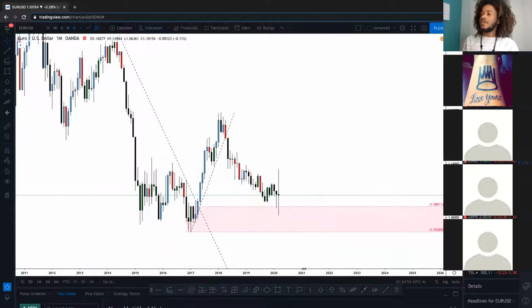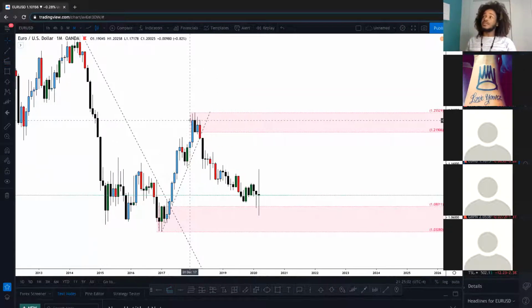And then boom, we find the valid supply zone, right? So now we have a monthly supply and we have a monthly demand. So we have a higher time frame supply, we have a higher time frame demand, right?